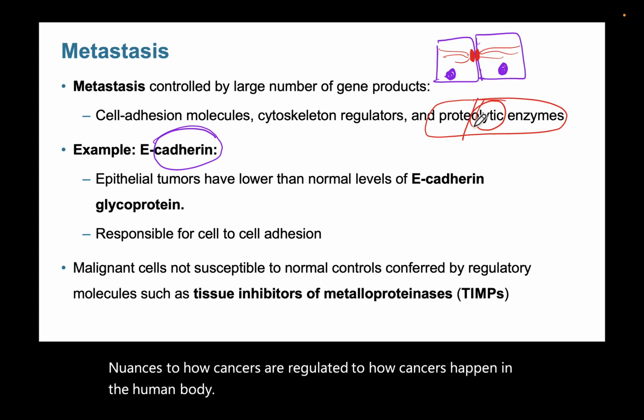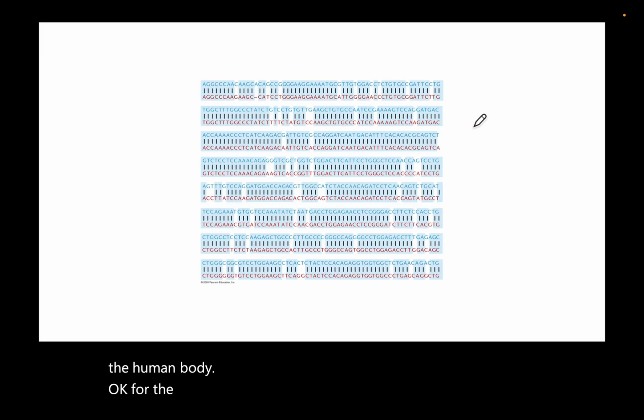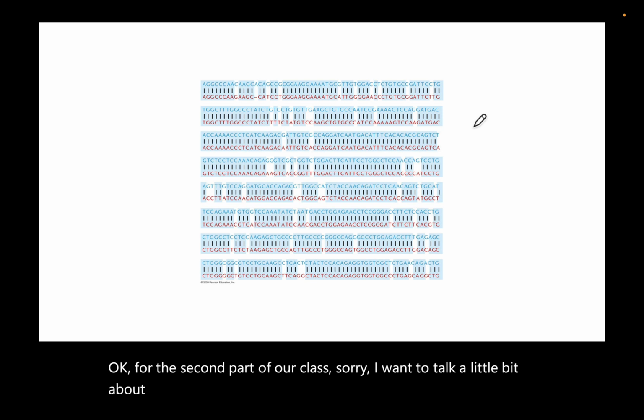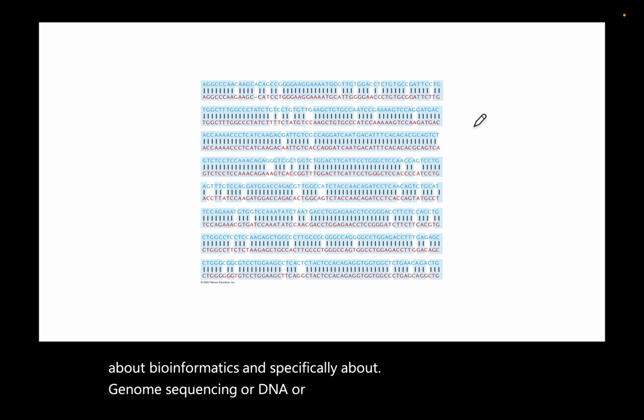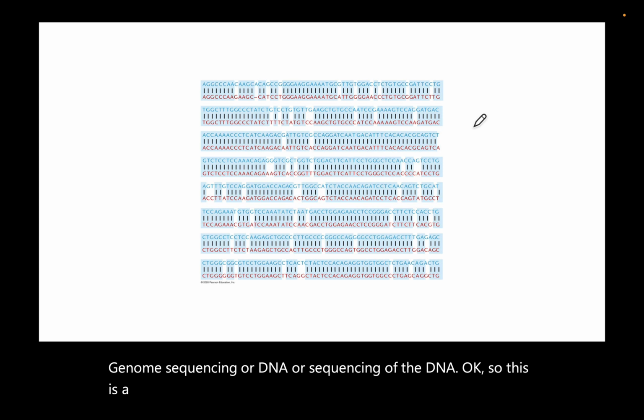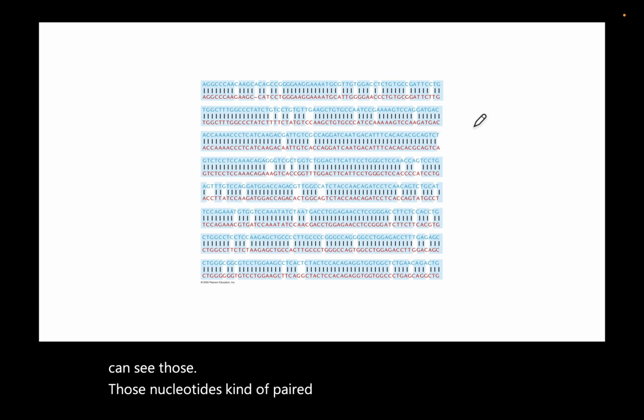Okay? For the second part of our class, I want to talk a little bit about bioinformatics and specifically about genome sequencing, or sequencing of the DNA. Okay, so this is a big picture that we are gonna study from now on. So here you can see those nucleotides kind of paired with other nucleotides, right?